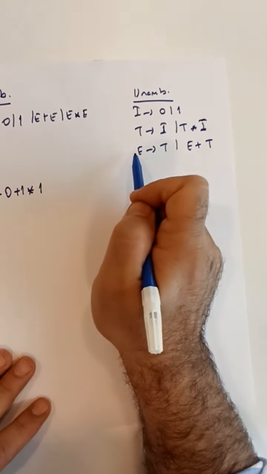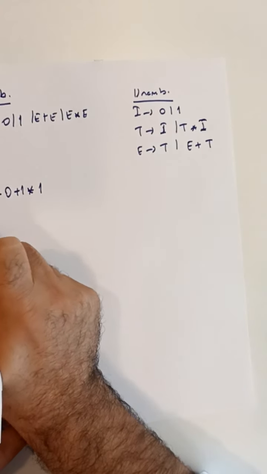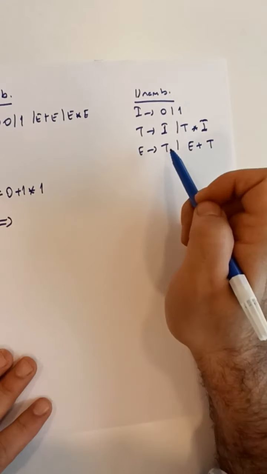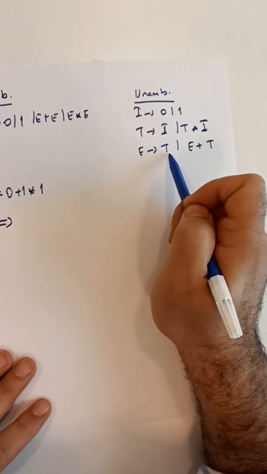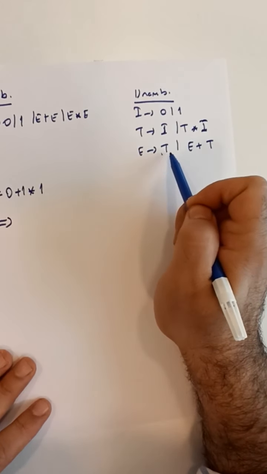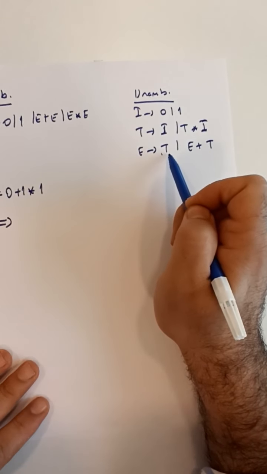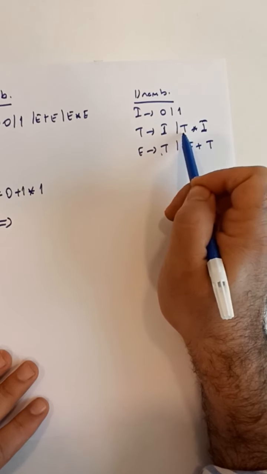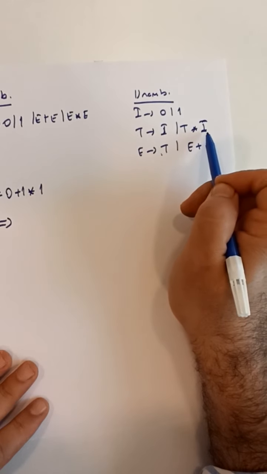We start with our starting variable, which is still e, by the way. We need to do a first derivation step. Now, we have the chance to expand e with this rule t or e plus t. If we were to expand e with t, remember that t can be a number or a bunch of multiplication operations followed by each other.